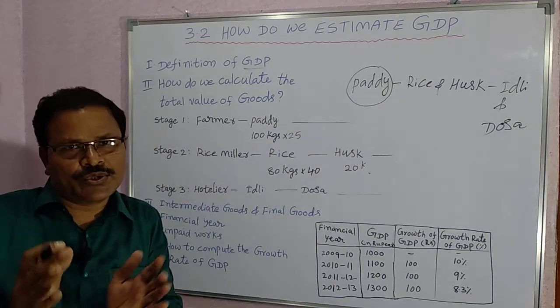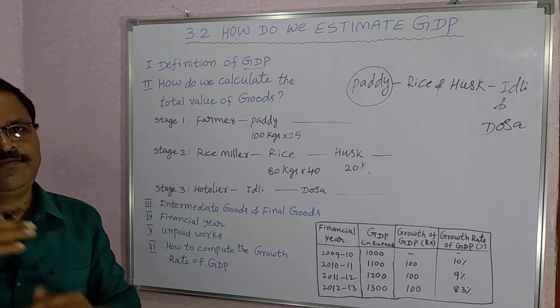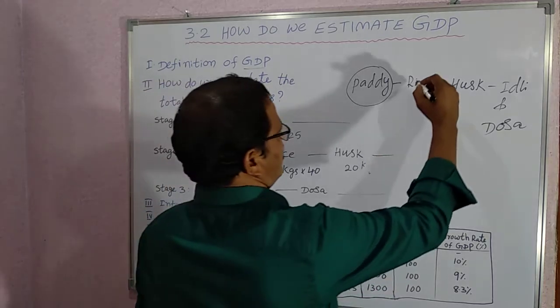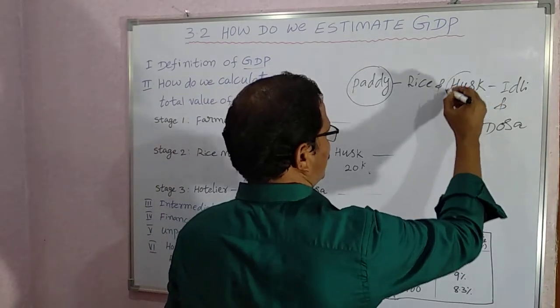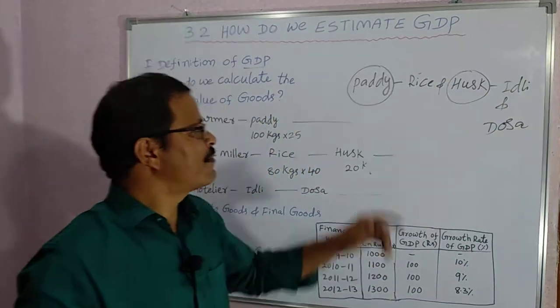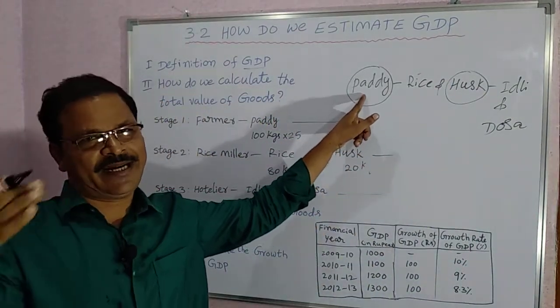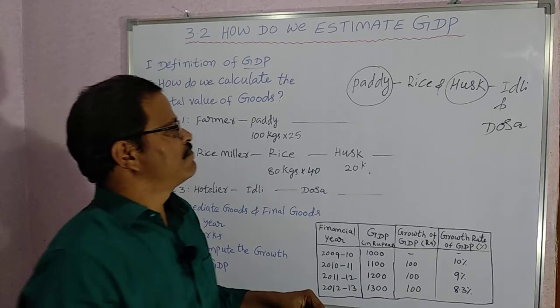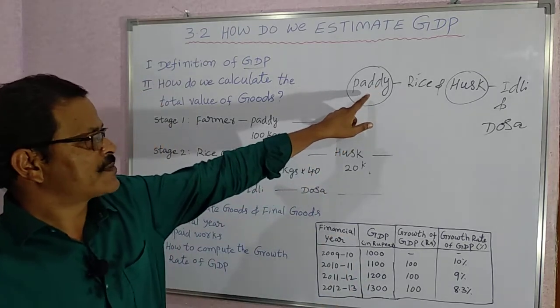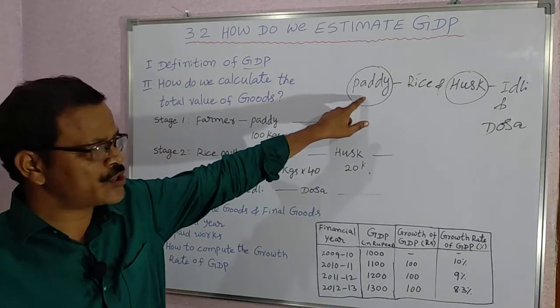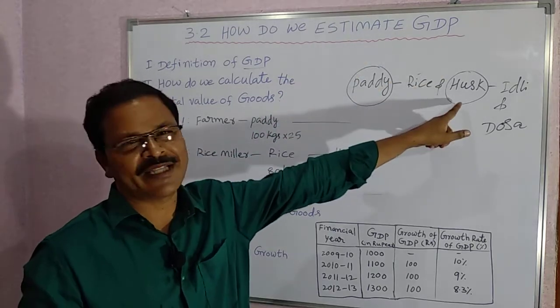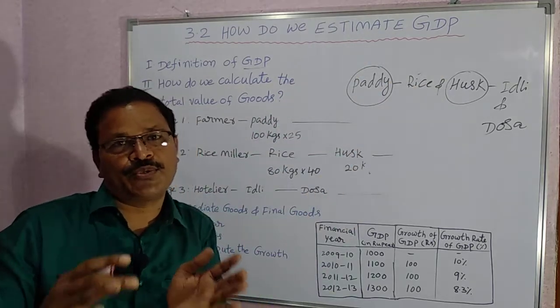This good is used to produce another good. Paddy is used to produce husk. A good is used to produce another good.